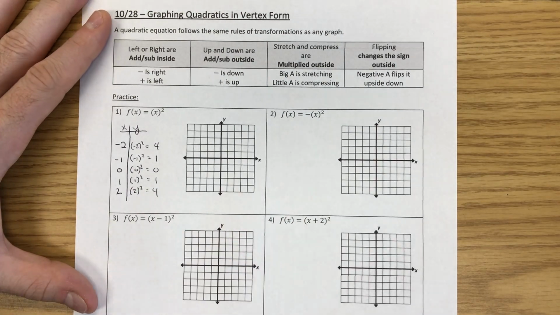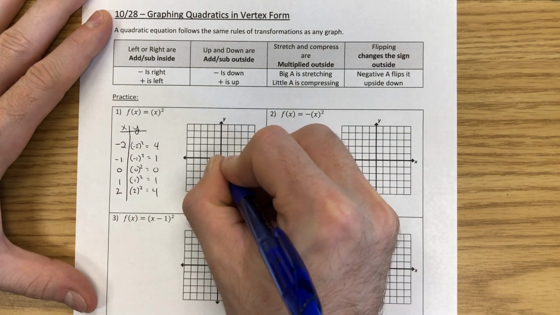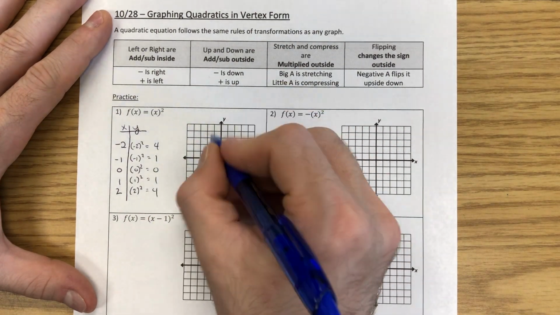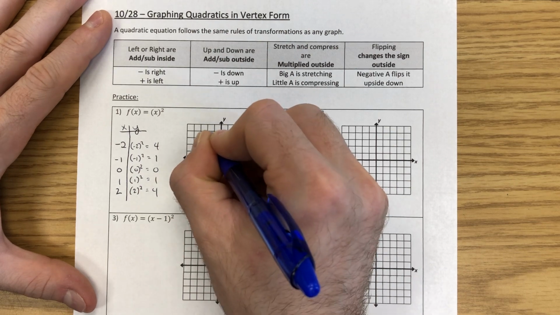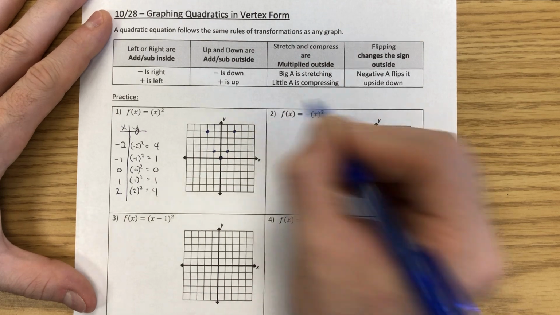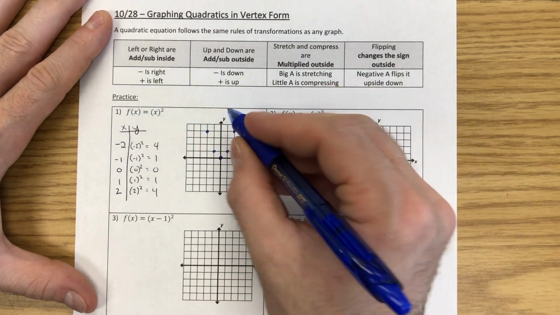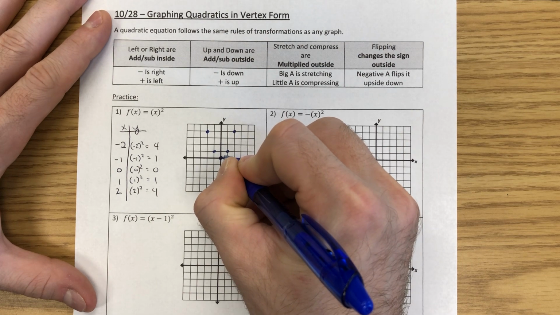And this is going to be the general shape of our parent function. So what I'm going to do is graph (0, 0), (-1, 1), (-2, 4), (1, 1), (2, 4). And we see that it kind of makes something like a V, but in this case, it's not a complete V. It's actually a curve.